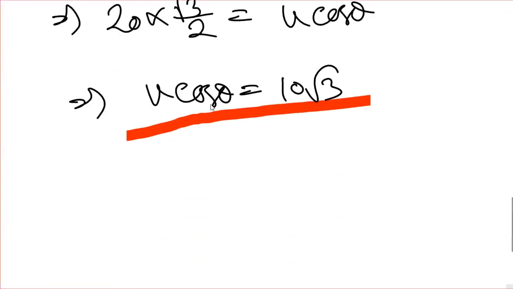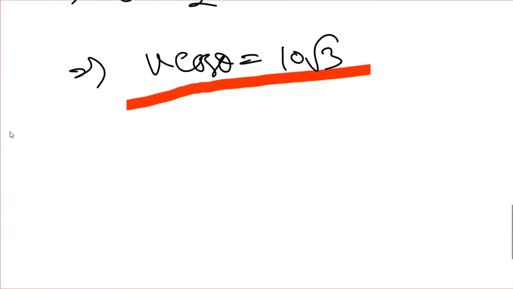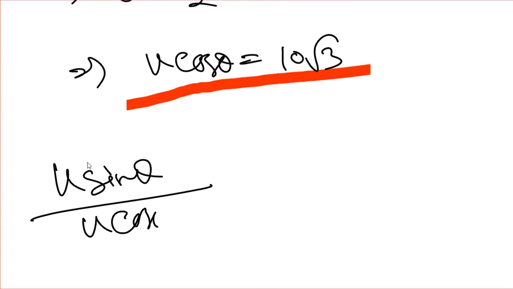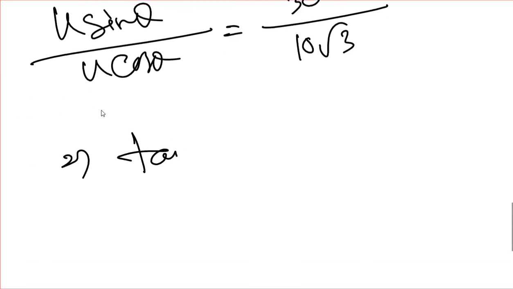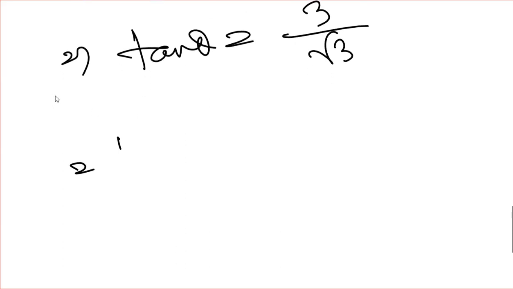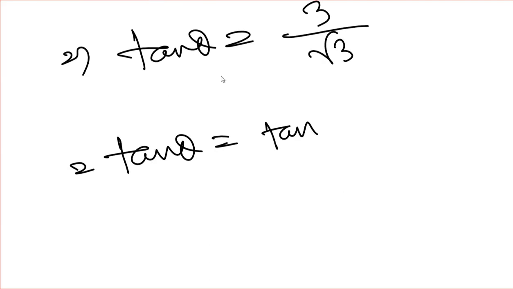Okay, so if we divide these two, that is u sin theta divided by u cos theta, it will be 30 divided by 10 root 3. Okay, so it will be come out to be tan theta will be 3 by root 3. So tan theta will be tan of 60 degree.